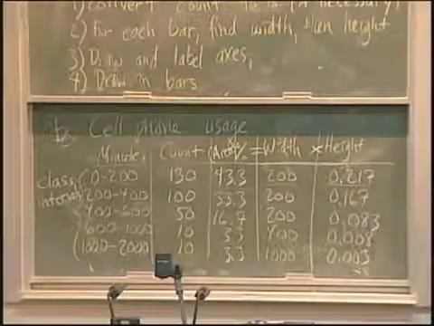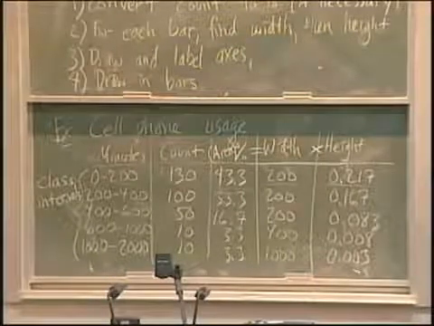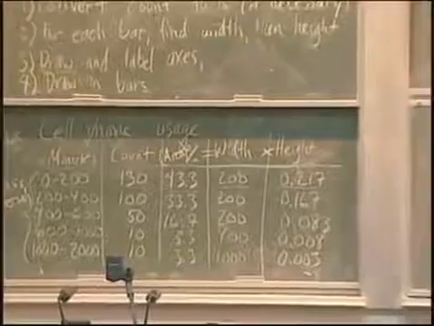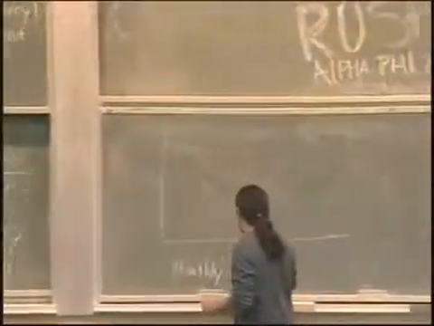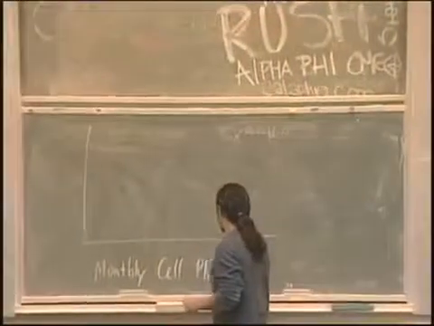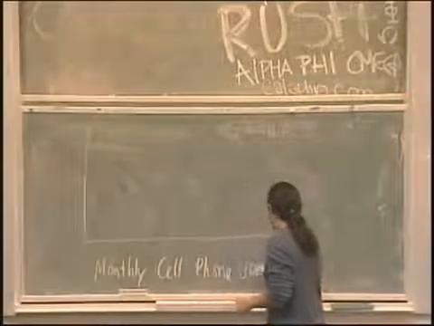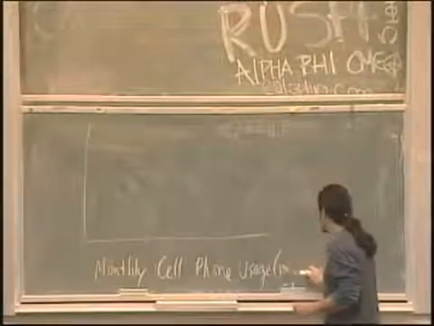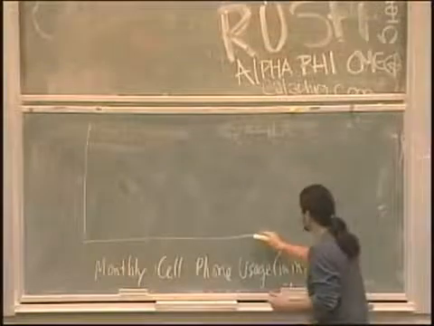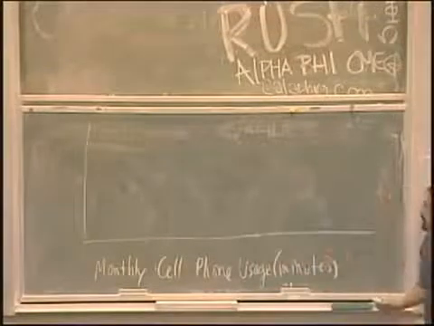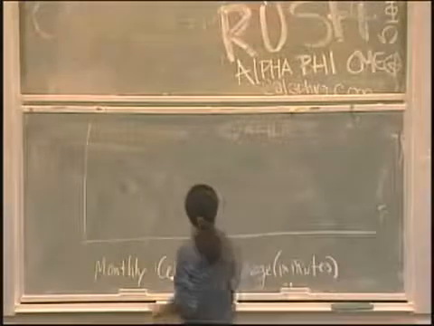Steps 3 and 4 are to draw the histogram itself. Draw and label the bars: monthly cell phone usage in minutes. I did this last time too, so you might still have this in your notes.